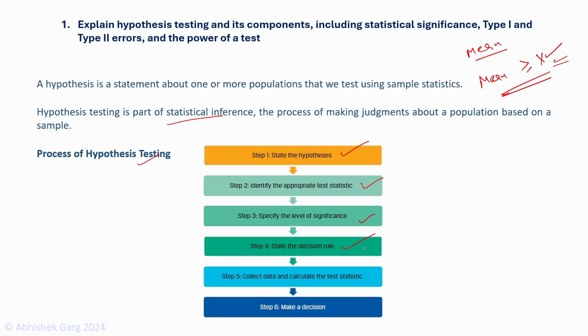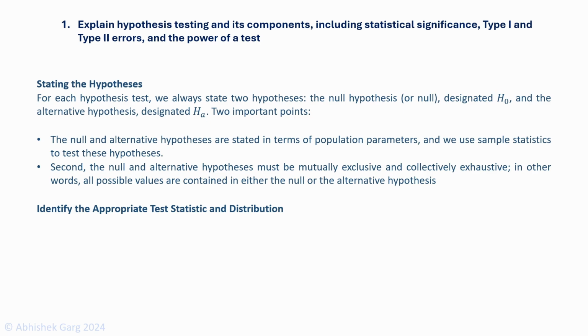So that is your critical value. Then we collect the data and calculate the test statistic. Then we compare this test statistic with the decision rule here, and then make a decision whether the hypothesis that we stated in the first step is correct or we should reject the hypothesis. We'll cover the steps one by one.